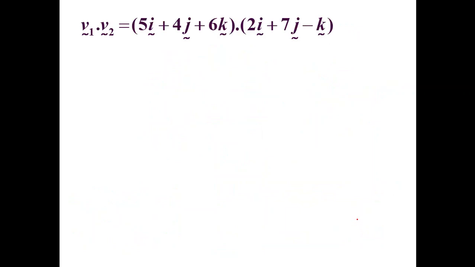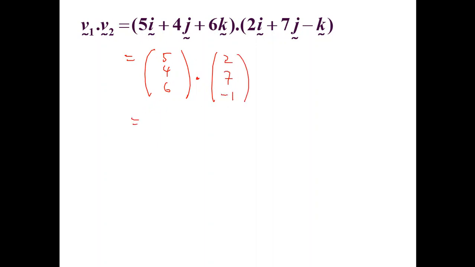Then you need to find the dot product. Remember to find the product of V1 and V2. You can change to matrix form: 5, 4, 6 dot 2, 7, negative 1.